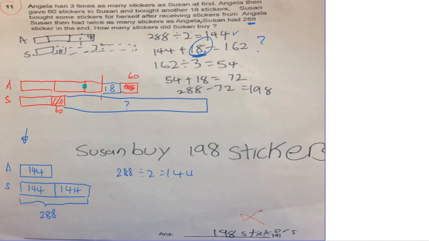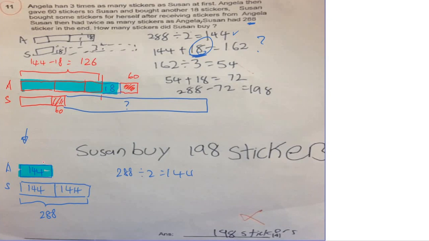So this whole box here is 144, which is this whole box here. If this whole box is 144, I can clearly find out what this portion is. 144 minus 18 will give me 126.